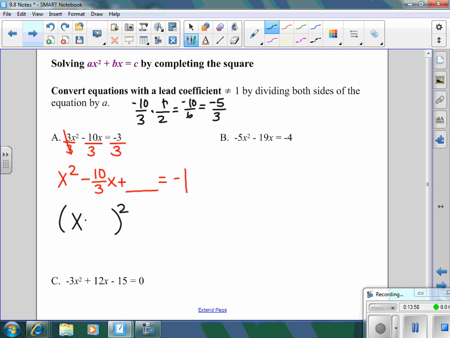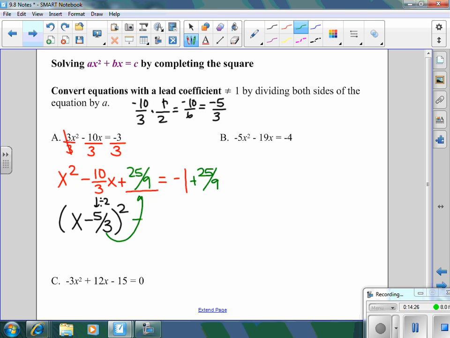So that's what goes right here, negative 5/3. Because all we did was cut this in half, divide by 2. And then remember, to get the number that goes back up here, we need to take our b cut in half and square it. So negative 5/3 times negative 5/3 gives me 25/9. And that's what I'm going to add to the other side.